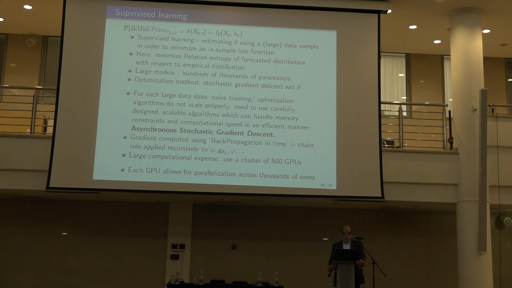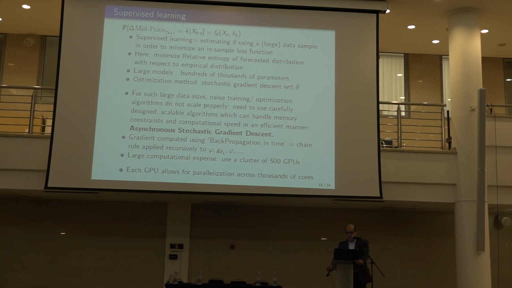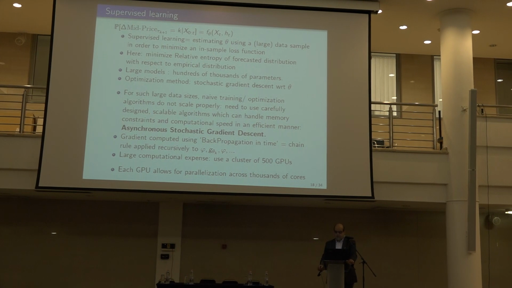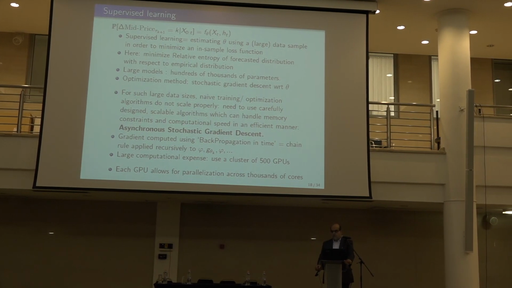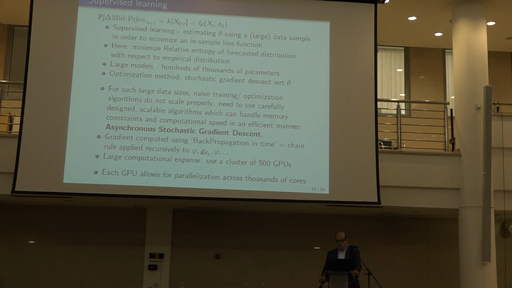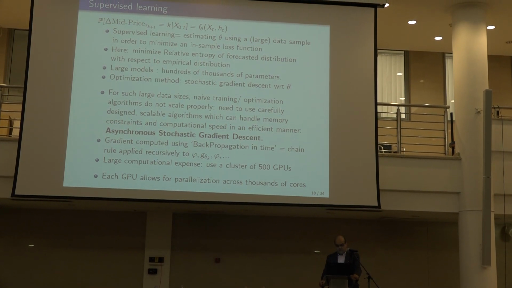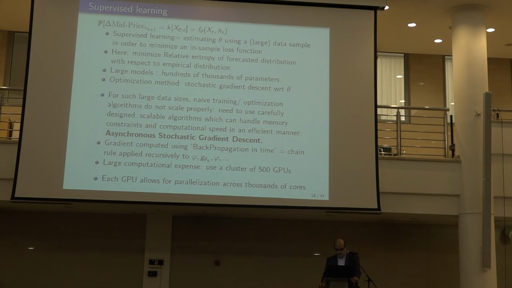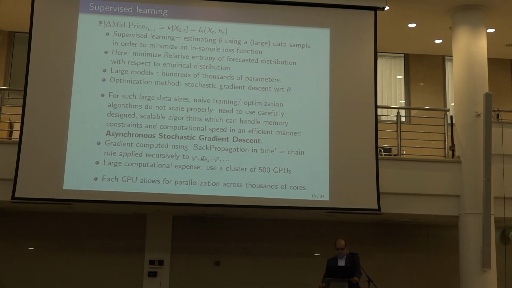So the state-of-the-art algorithm used in this training is asynchronous stochastic gradient descent. Stochastic gradient descent means that you are going to calculate the gradient, but you're going to add a noise at each step. You're not going to exactly follow the gradient. This can be thought of as a way to avoid getting trapped in local minima.